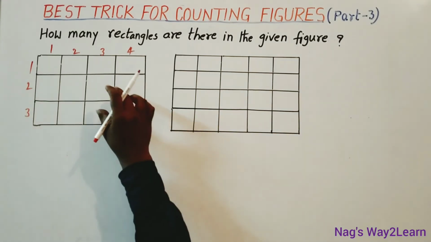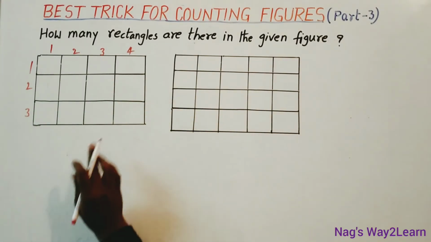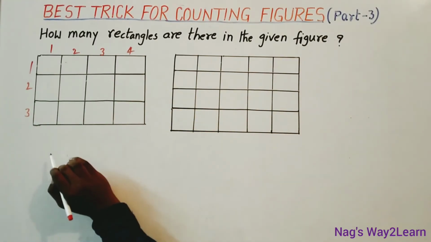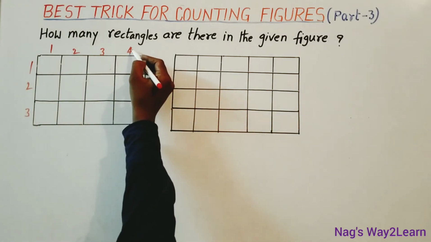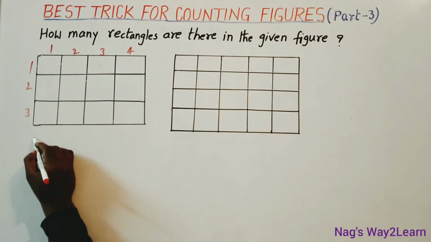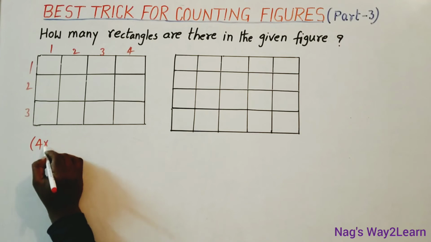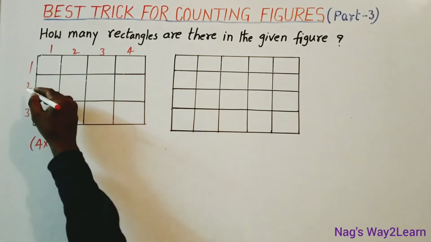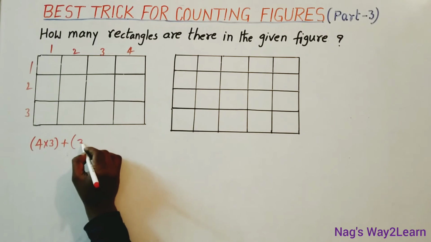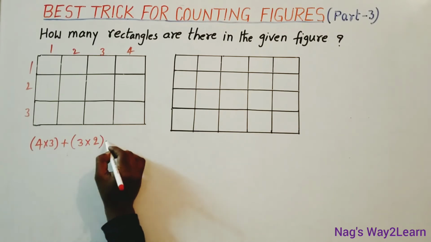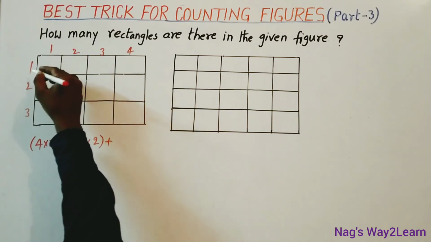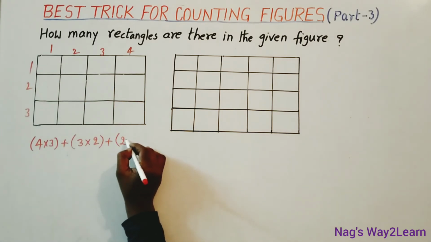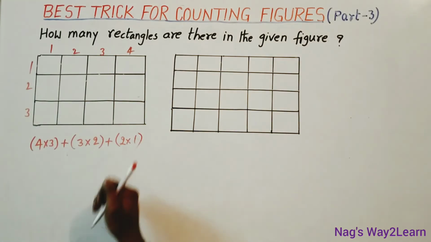So to find the total number of rectangles in this figure, you simply follow this trick. You take 4 into 3 plus 3 into 2 plus 2 into 1.